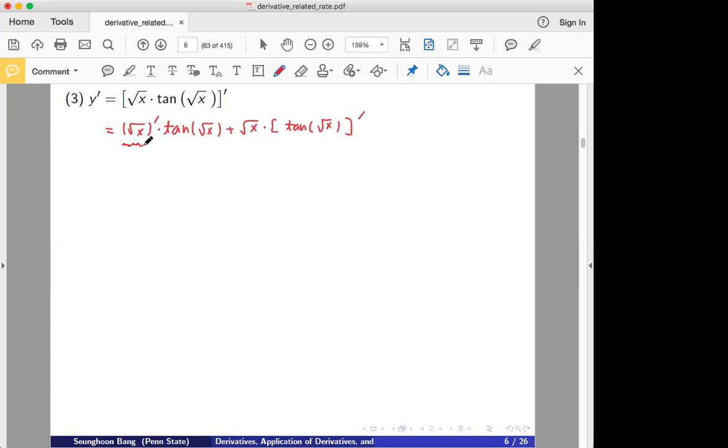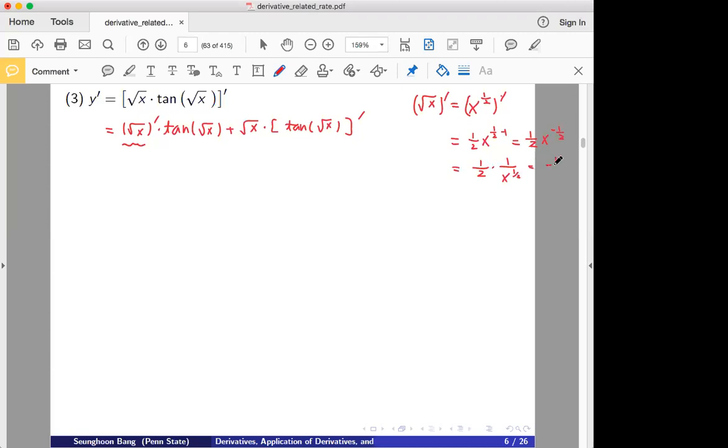What is the square root of x prime? Here, we can change it to the exponential form. The next, you can use the power rule like this. Same as 1 over 2 x to the negative 1/2. You can change it to the positive exponent, 1 over x to the 1 over 2.